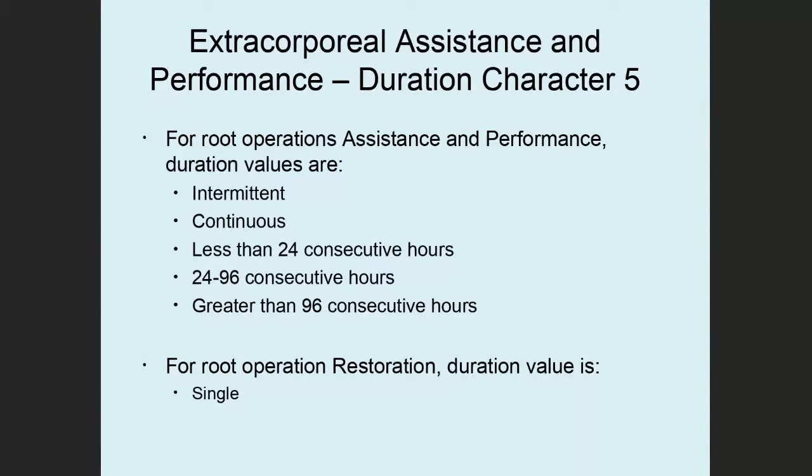Also, you have a duration value for extracorporeal assistance and performance. For assistance and performance, the duration values are intermittent, continuous, and then by hours: less than 24, 24 to 96, or greater than 96. For the root operation restoration, you have duration value single. But that's it.